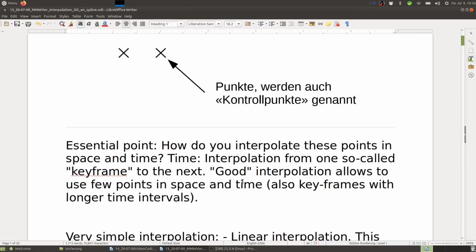Good interpolation allows us to use few points in space and time, also keyframes with longer time intervals, where the computer can more efficiently interpolate in between frames, which makes creation of a movie more efficient.